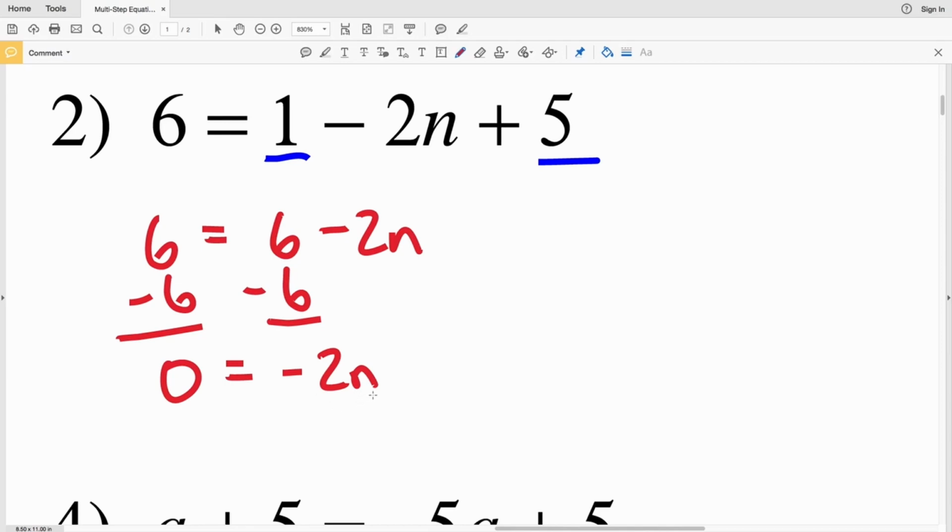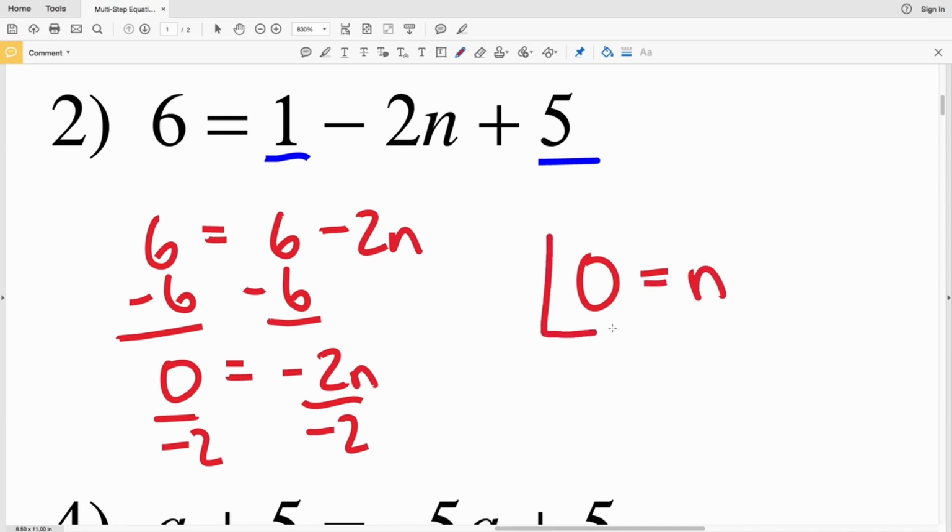Then I divide by negative 2 on both sides, and we get that 0 is equal to n, because 0 divided by negative 2 is 0, and negative 2 divided by negative 2 is 1, and 1 times n is n. So 0 is the answer for number 2.